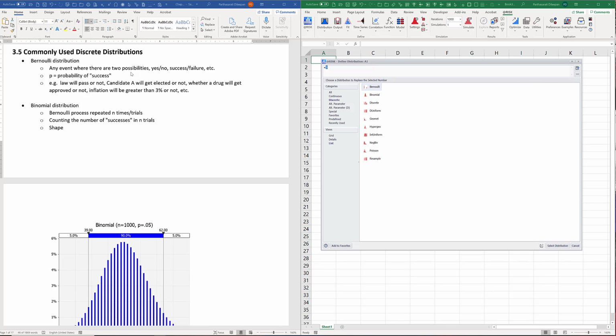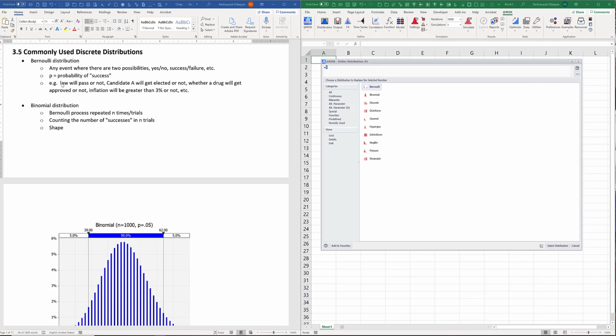The most basic example is the toss of a coin, where there are two possibilities, heads or tails. That is called a Bernoulli process, and we define one of the outcomes as success, because it doesn't mean that that's a preferred outcome. It is just a terminology, and the probability of success is the parameter for Bernoulli, and we use the notation p for that.